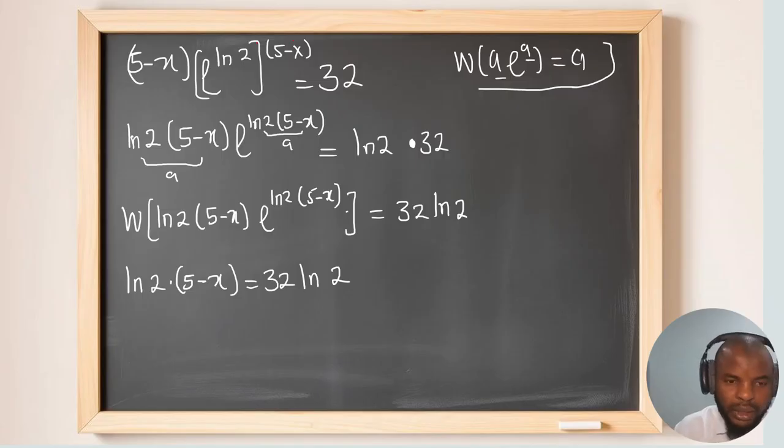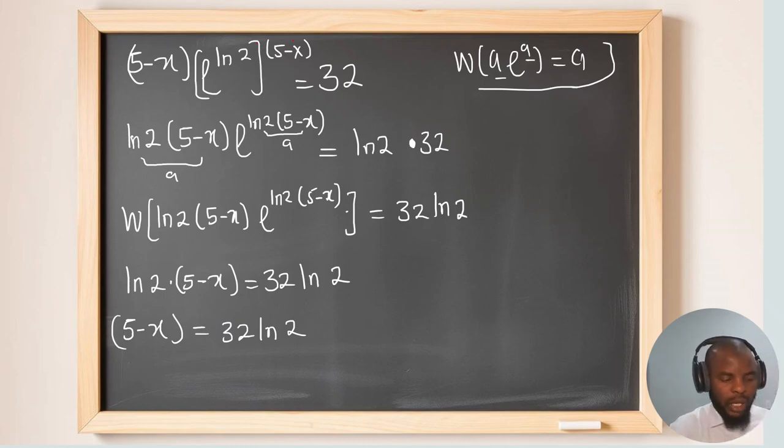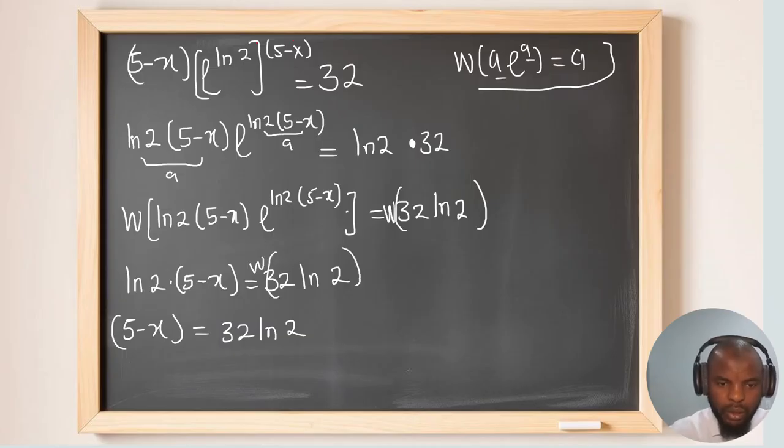And here, looking at this, dividing both sides by the coefficient of 5 minus x, which is natural log of 2, on the left-hand side I can have my 5 minus x equals the Lambert function of 32 natural log of 2. Recall, we have the Lambert function on the right-hand side too. So what you apply to the left-hand side must be applied to the right-hand side. That was an omission. So here we have the same Lambert function on the right-hand side.